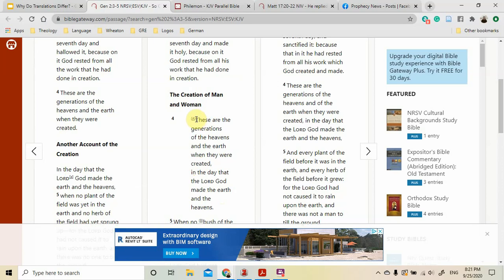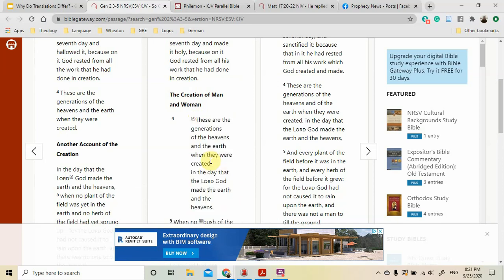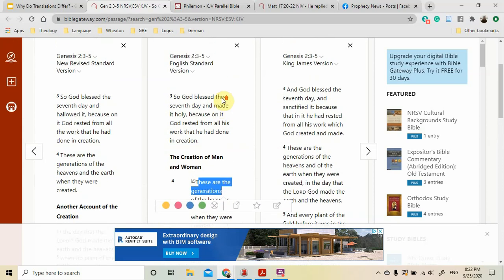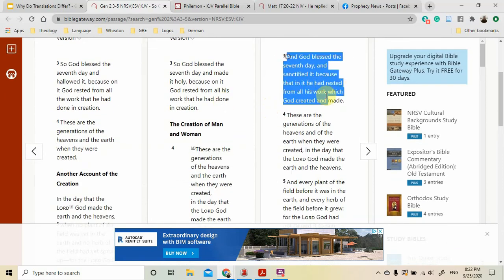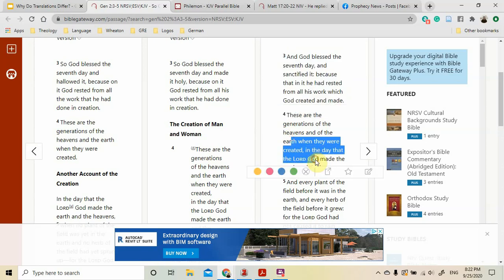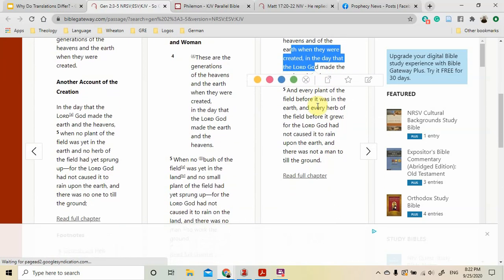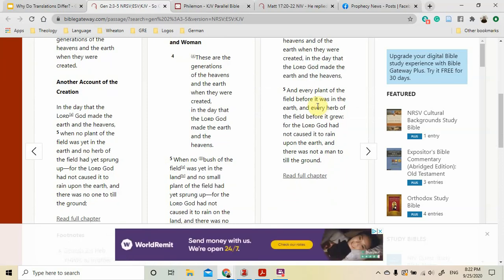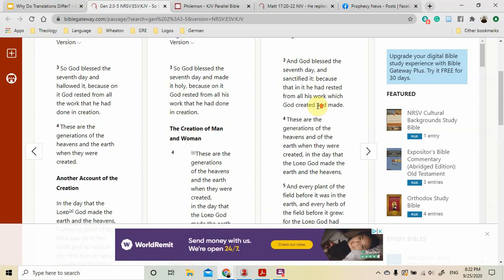They also see this verse 4 as poetic, following a chiasm here, and then also "these are the generations" begins a narrative train throughout the entire book. But then you can also see the King James. They don't even have paragraphs. They just go verse by verse. And so this is another thing: modern translations now will give you paragraphs and headings and stuff in order to make the text more readable.